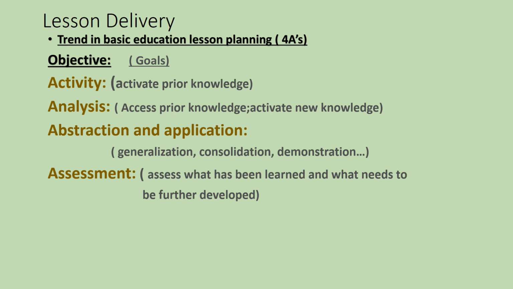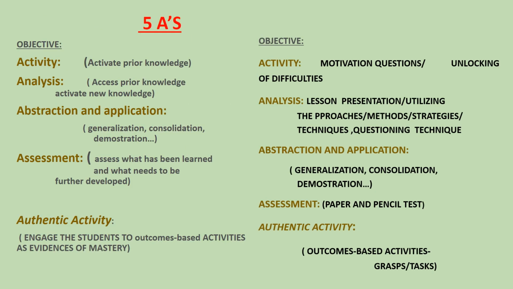After the 4A's, we now have the 5A's, with the addition of the last A that stands for authentic activity. On the right part of your screen, you can see examples of activities that you can do for each part. For the activity, you can place the motivation questions and the unlocking of difficulties.